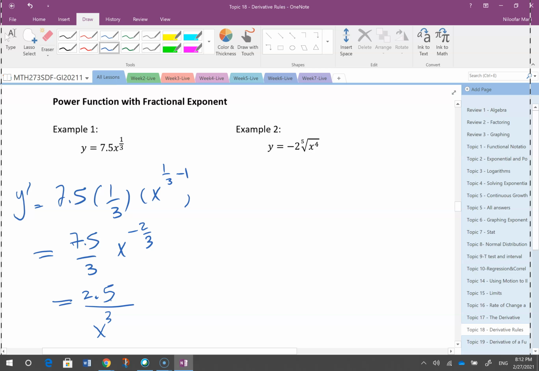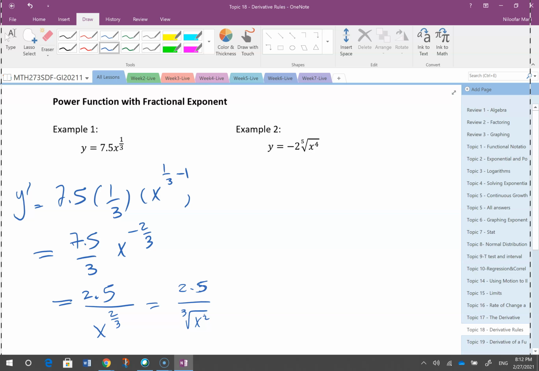If I want to show with positive exponent, which is 2.5 over this. Okay, so far so good.